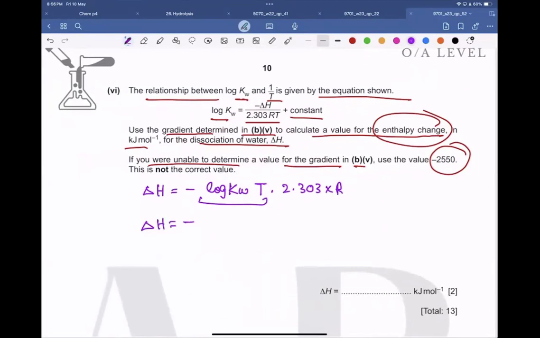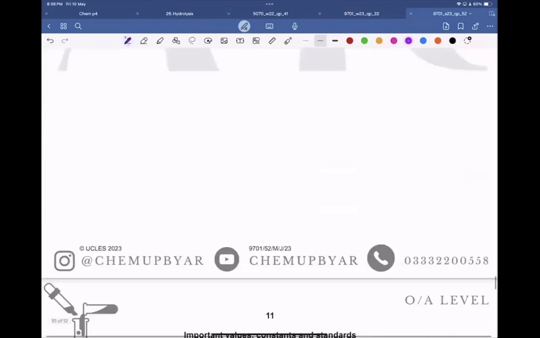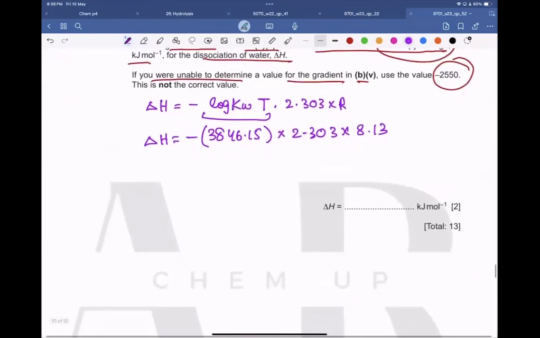Delta H is equal to minus the value of gradient, 3846.15, times 2.303 times R, the general gas constant. Its value is 8.31. If you don't remember, you have the constant values over here. So you will get the answer.